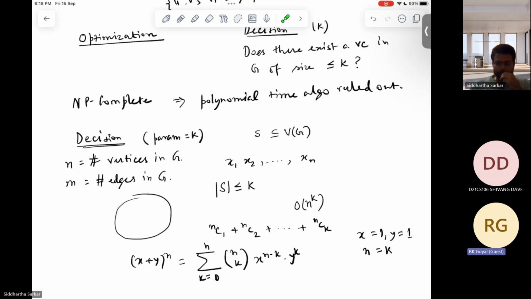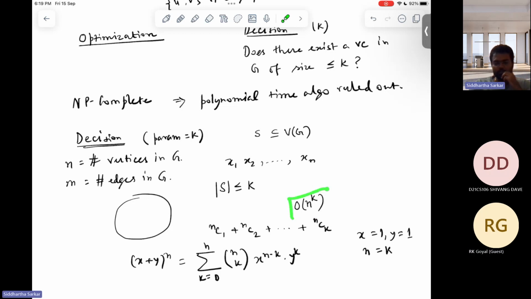I mean, this result is not immediately known. I don't think that there might be some formula, but anyway, so this is still not polynomial time.